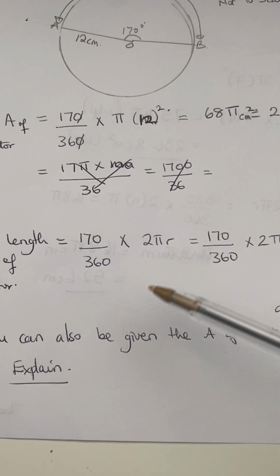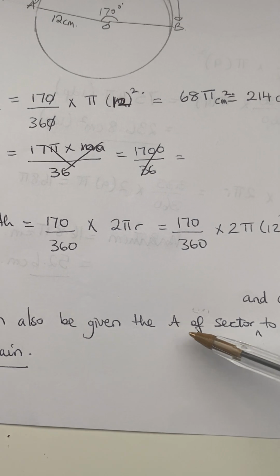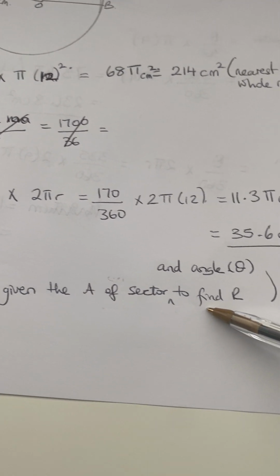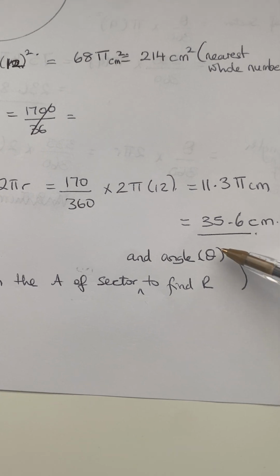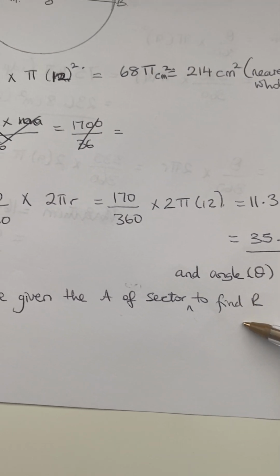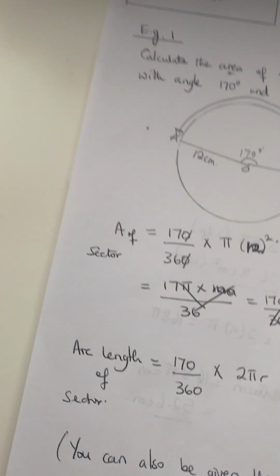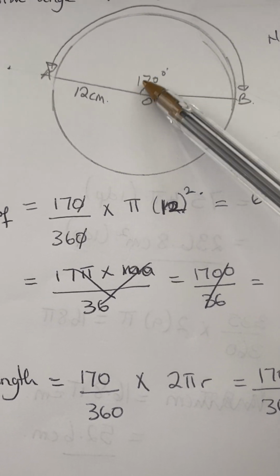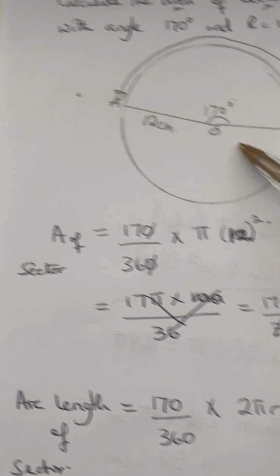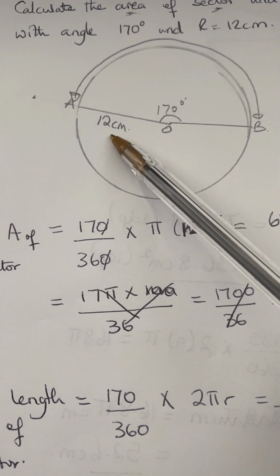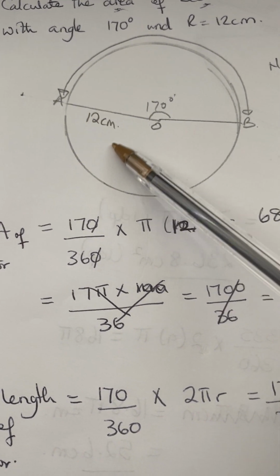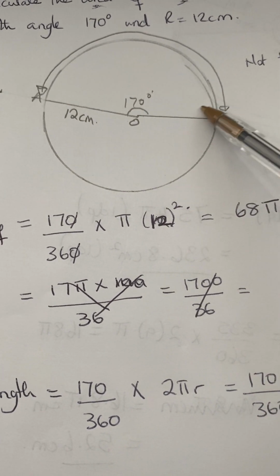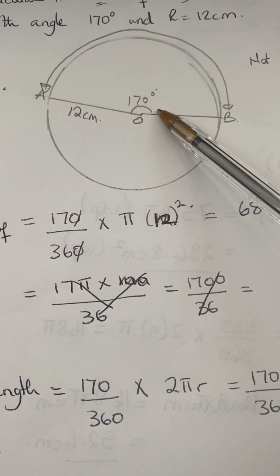Now, you can also be given the area of the sector and the angle, and then asked to find r. So far, they've given us r and the angle. You can also be given the radius and maybe the area, and they'll ask you to find the angle.